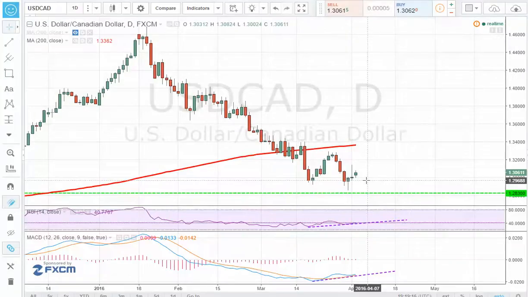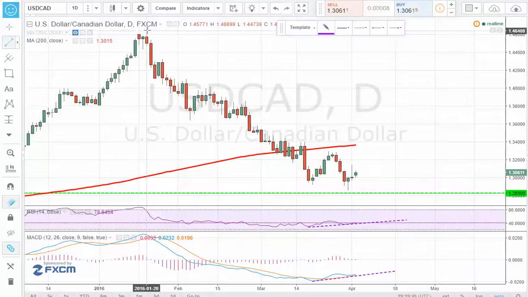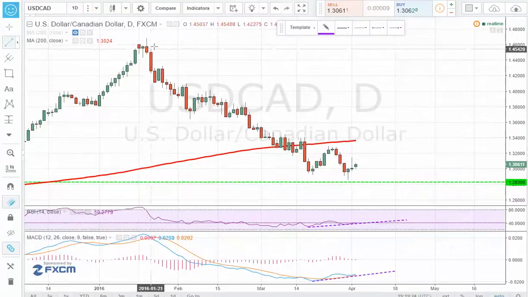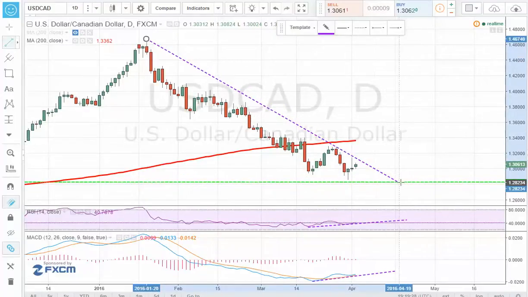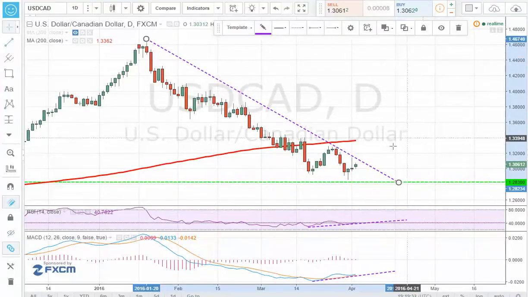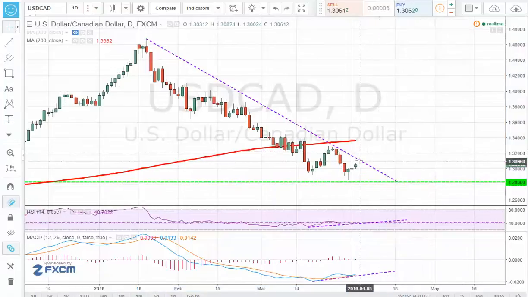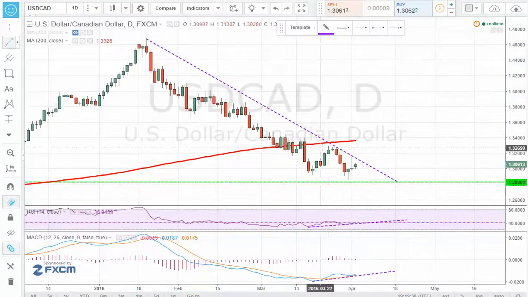Okay, so what you have to do now, let's see if we have a trend line here and see what we should target next. So if you look at this, we are very close to this trend line, and if this gets broken, the first resistance you should look at is this area over here.